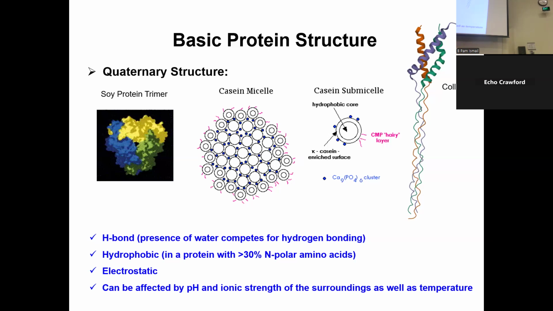The quaternary structure can associate and can dissociate depending on the environmental conditions. This association and dissociation, we don't call it denaturation. It is another form of denaturation, but not really denaturation. It's reversible. Unless covalent bonds are formed, then it's not so much reversible. But usually those associations are reversible based on the environment.